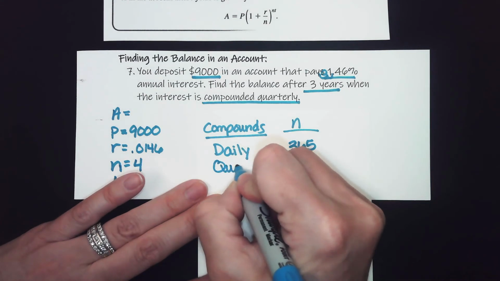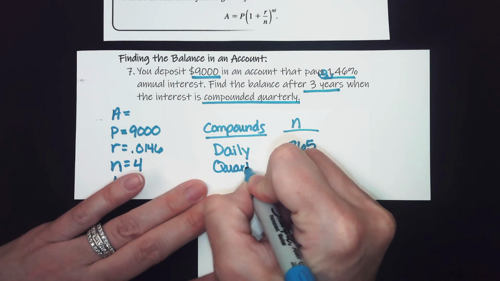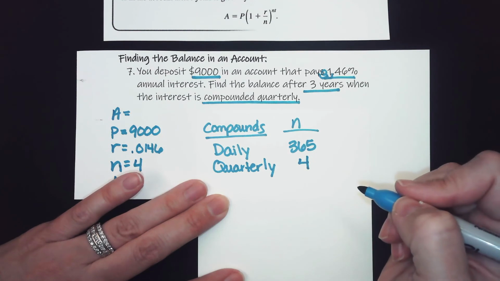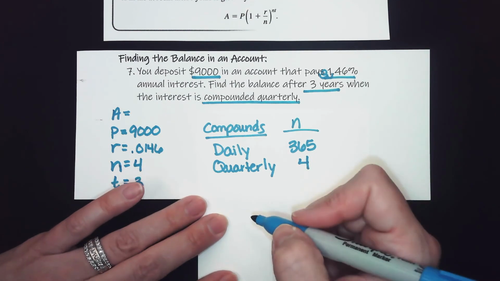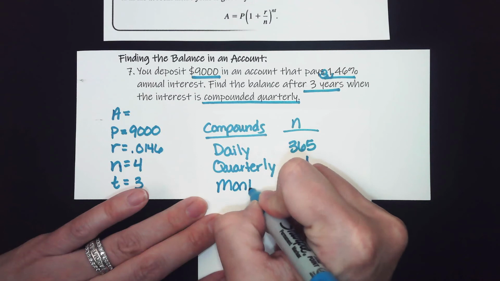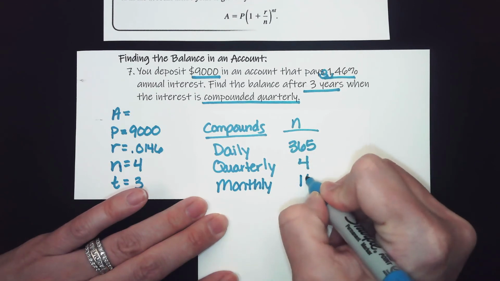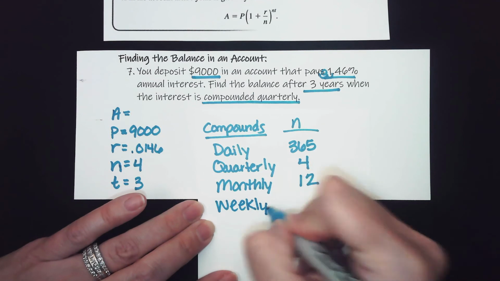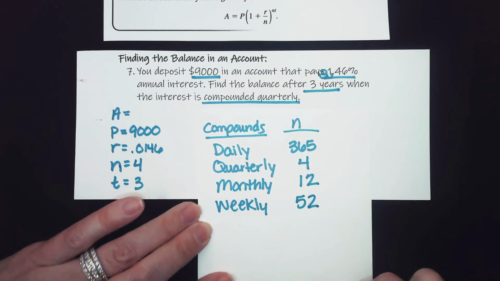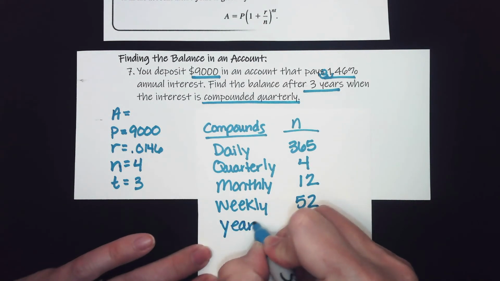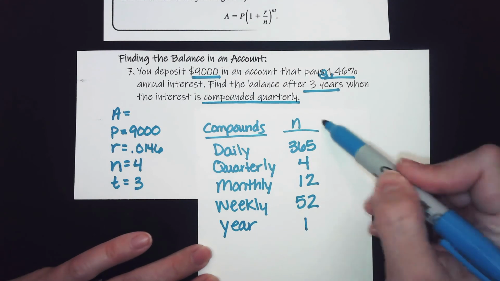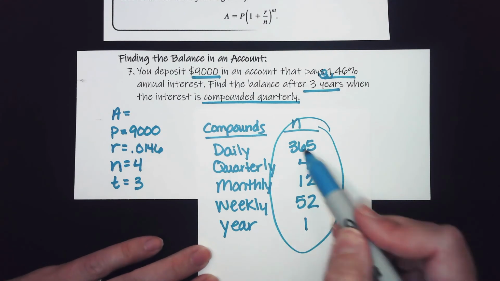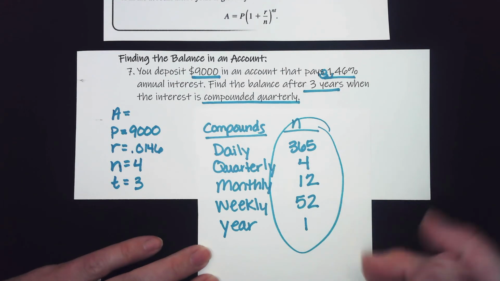If it says quarterly, that'd be 4. And then there could be monthly. Well, there's 12 months in a year. Could be weekly. Well, there's 52 weeks in a year. And it might say yearly. Well, there's only 1 year in a year. So these are the common values for n. So you might want to write these somewhere in your notes so that way you have them.